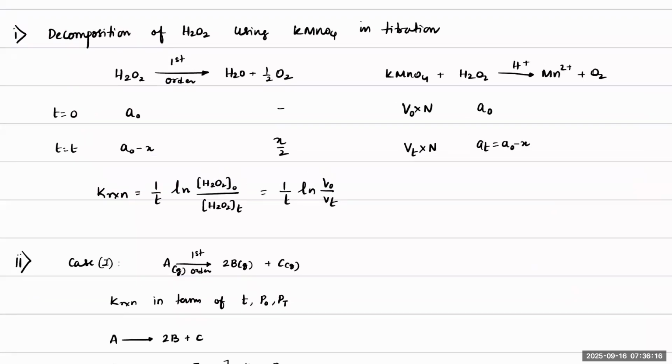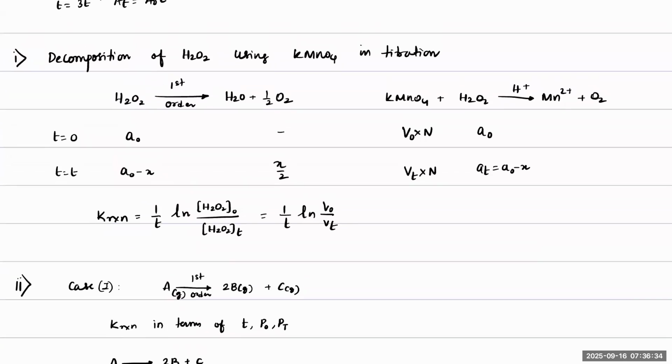Sometimes the question would be given based on the decomposition of peroxide using KMnO4. For instance, if you have H2O2, it is giving H2O plus half O2. Let's say the initial concentration is A naught, and now it has become A naught minus x. So this will be x by 2, correct?